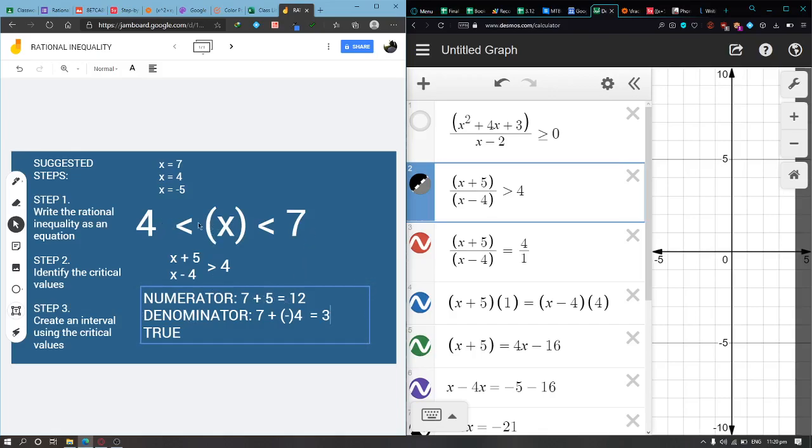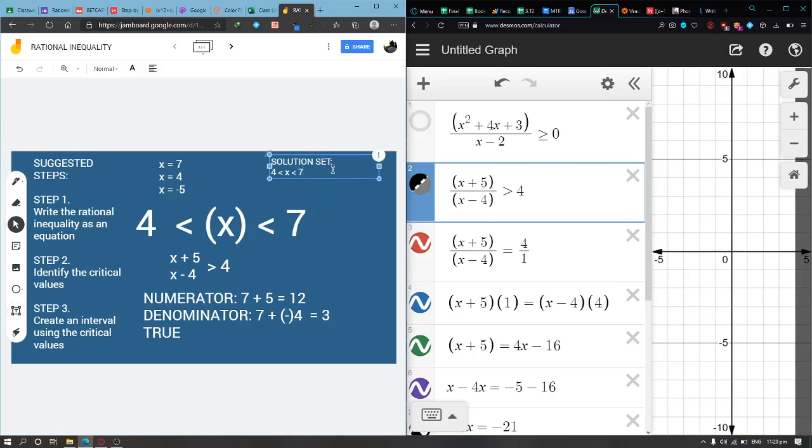So we already know, 4 and 7 are our critical values. So let us list our solution set. So our solution set would be 4 less than x, and x less than 7.